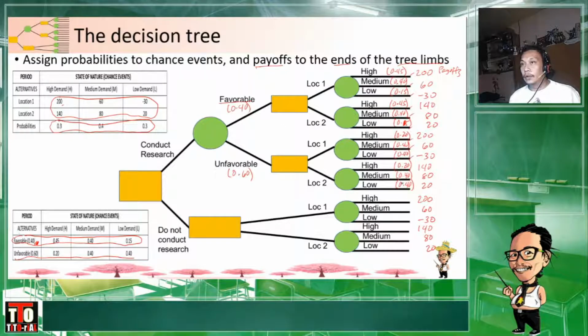The chance of a high demand is 0.30, then 0.40 for medium demand and 0.30 for low demand. The same holds true with location 2.